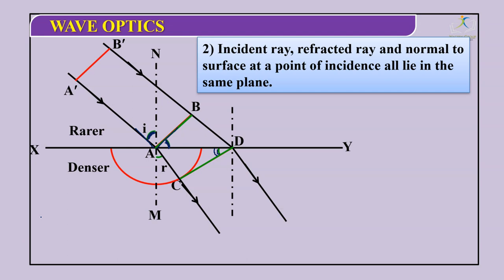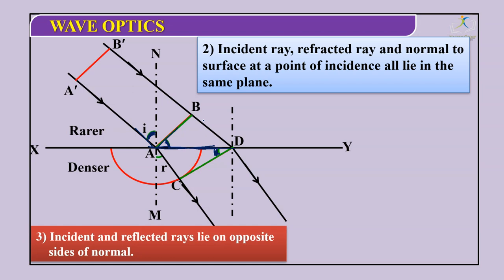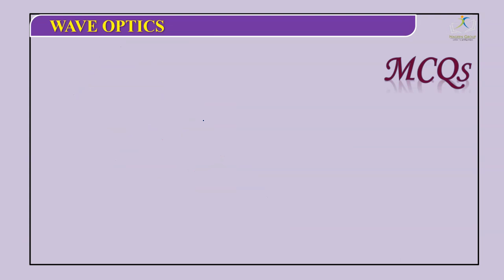The second is that the incident ray, refracted ray, and the normal to the surface at the point of incidence all lie in the same plane. As you can see here also, I and R all lie in this plane; the interface is not changing. So incident and refracted rays lie on opposite sides of the normal.